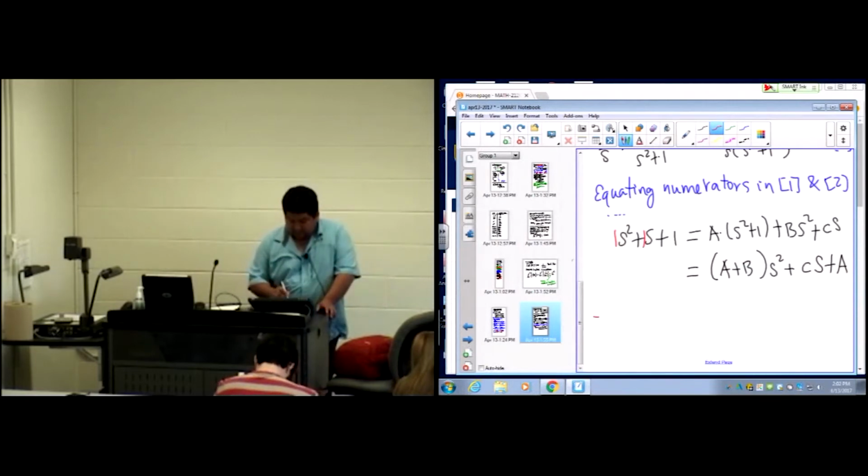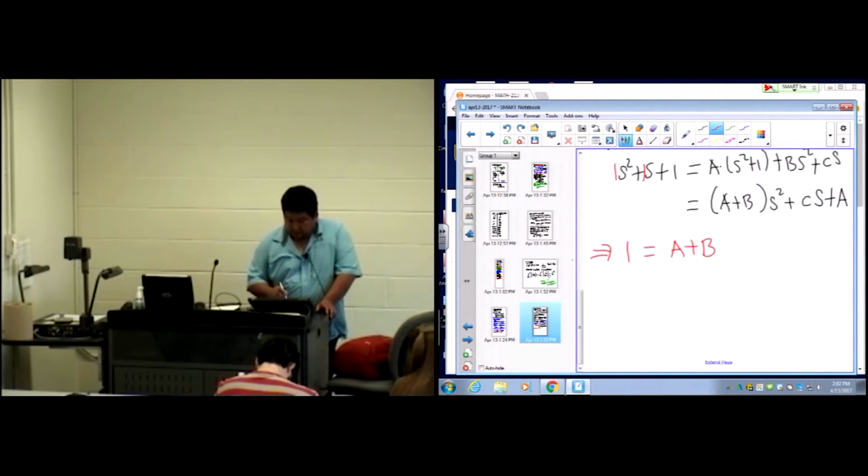If A is 1, this implies that 1 equals 1 plus B, which implies that B is 0.